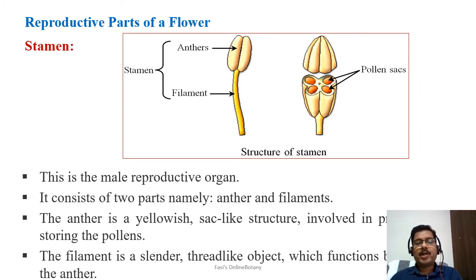This is the main male reproductive organ, also known as Androecium. This consists of two parts, namely anther and filament. The anther is a yellowish sac-like structure involved in producing and storing the pollen. The filament is a slender, thread-like object which functions by supporting the anther.